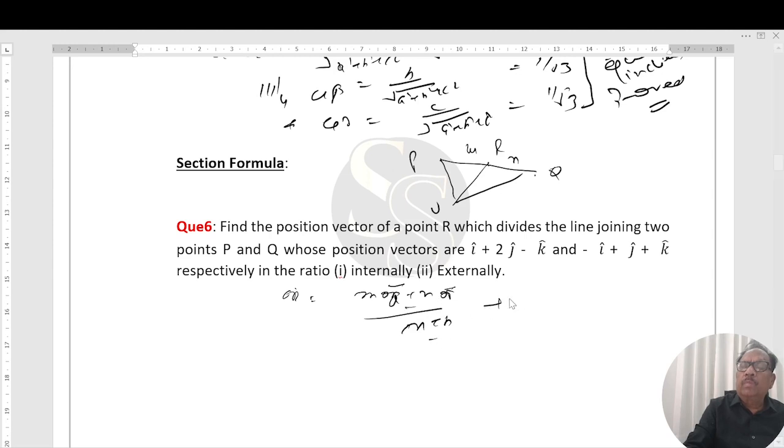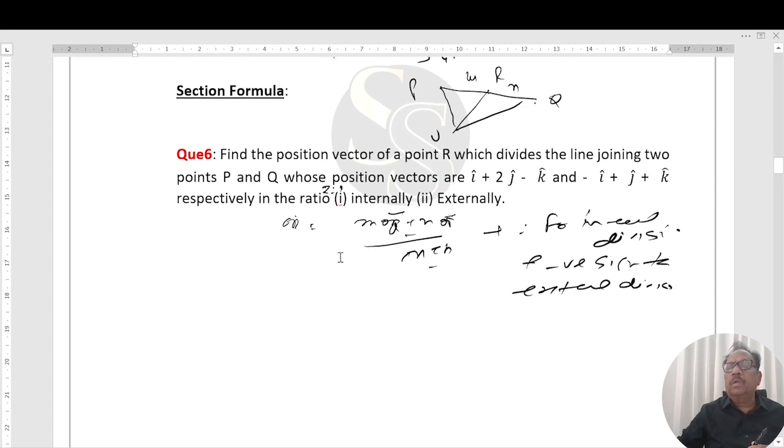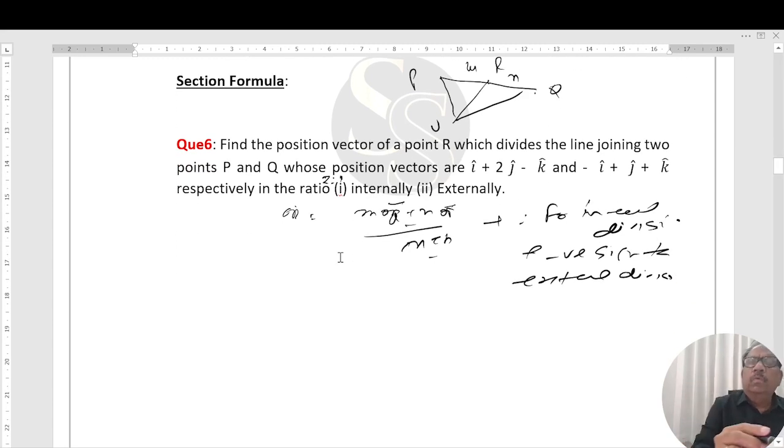Plus minus. Plus sign is for internal division and negative sign is for external division. In this case, 2:1 is the ratio, internally and externally.